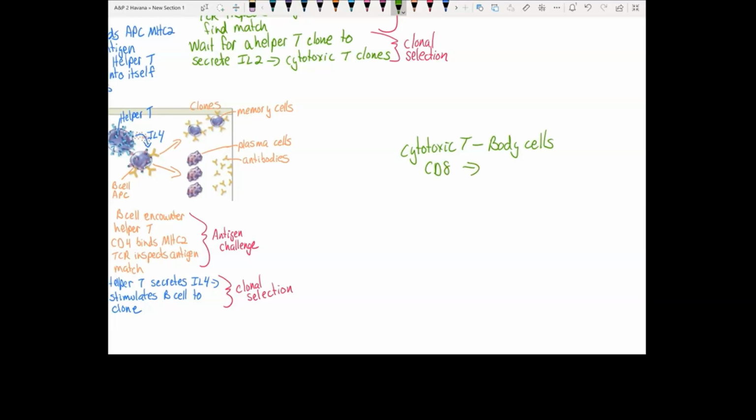CD8 binds MHC1 and TCR inspects antigen. Then we have helper T, which interacts with antigen presenting cells. CD4 binds MHC2, then TCR inspects antigen.